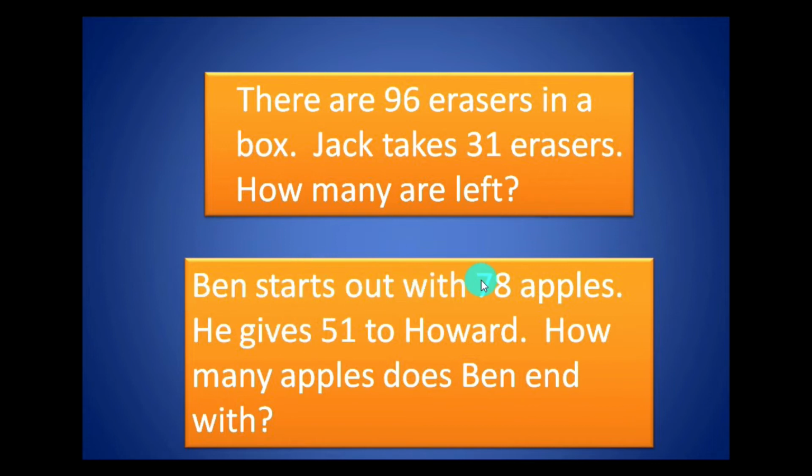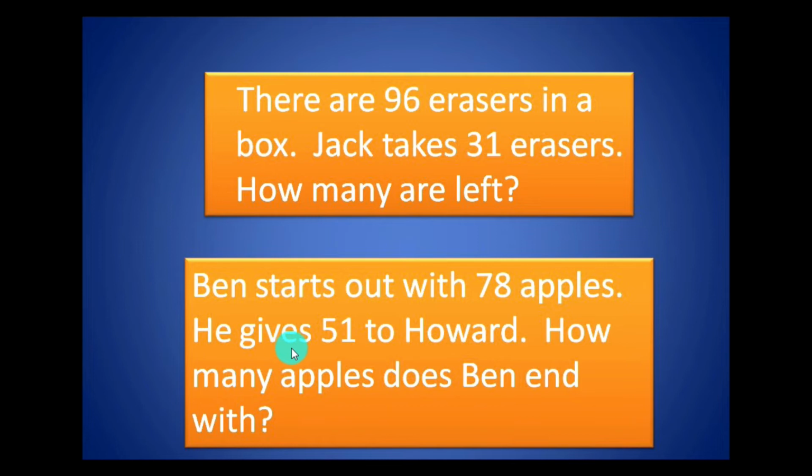Ben starts out with 78 apples. He gives 51 to Howard. How many apples does Ben end with? Now, I don't think I actually had that, but again, look at our clue here. End with. If that doesn't make you go, huh? I don't know what will. But if you read it as a detective, you have to read the whole thing. And if you know you have a starting number, 78 is your starting number.